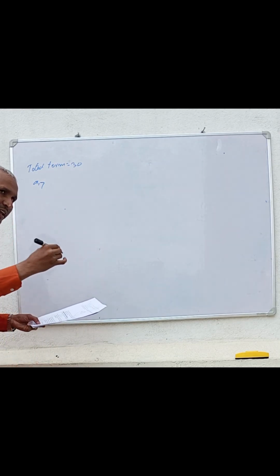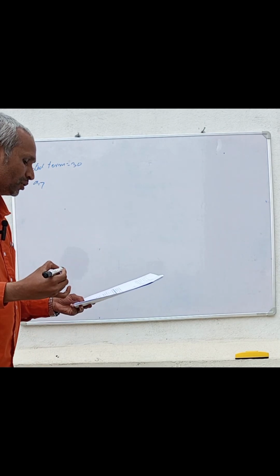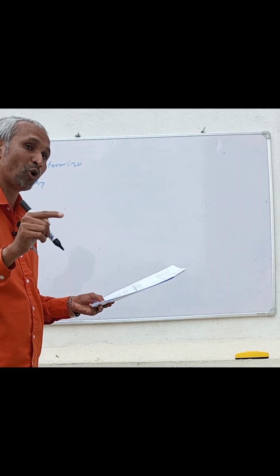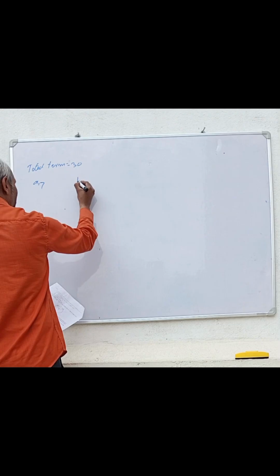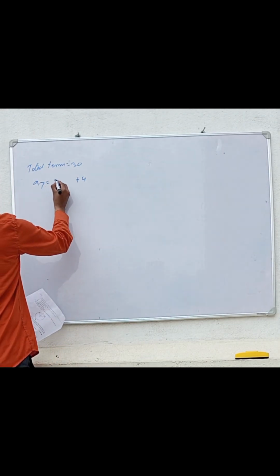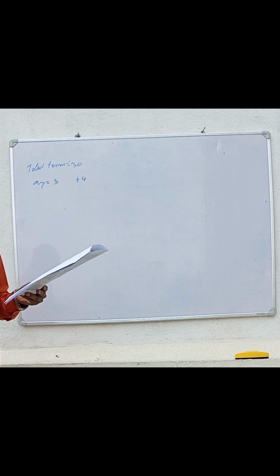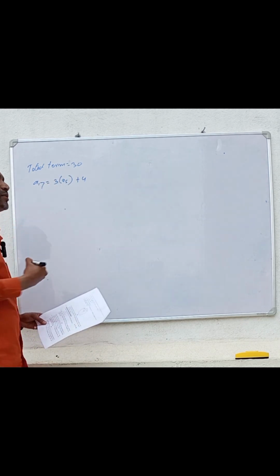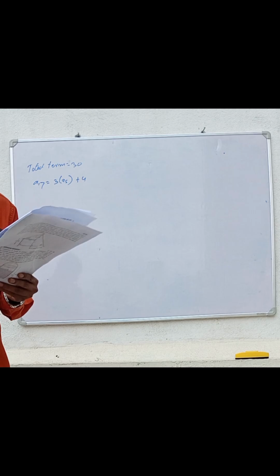See how I am reading and how I am writing, learn it. More means plus. 4 more than thrice its fifth term, A5, and this becomes the equation like that.